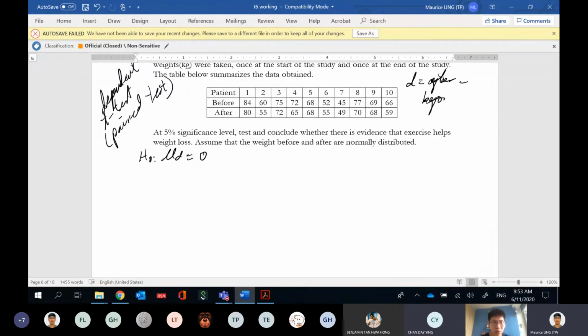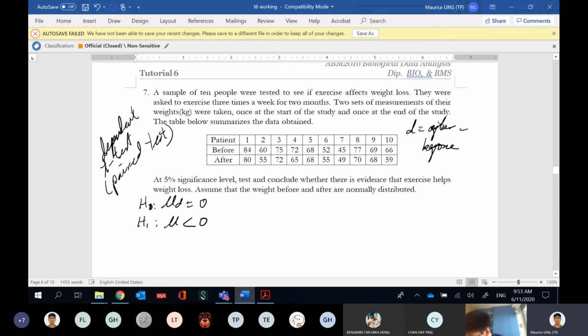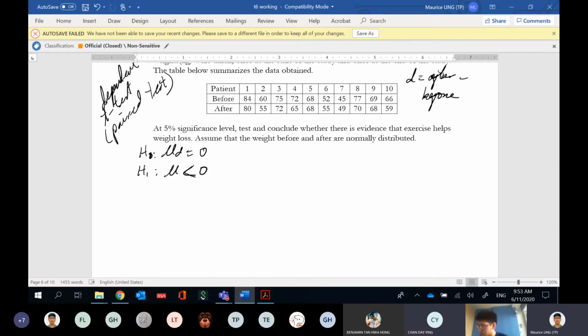Then the alternate hypothesis? It's less than 0. Okay, so after minus before, less than 0. Then what is the alpha value? 0.05, because it's one tail. Yes, it's a one tail test.